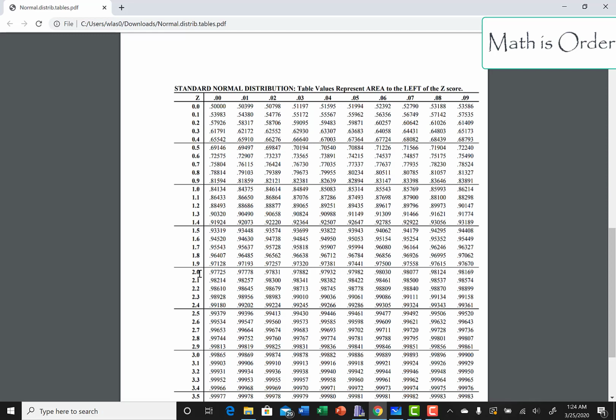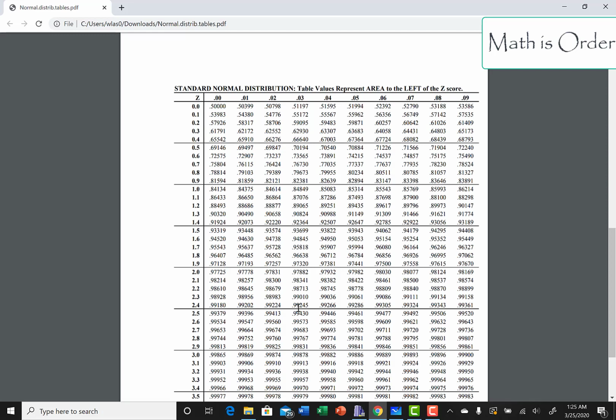But no, this is 2.0. I have to go to 2.4, and then I go to 3, right? The 0.03 column. So right here, here is the value that we need.